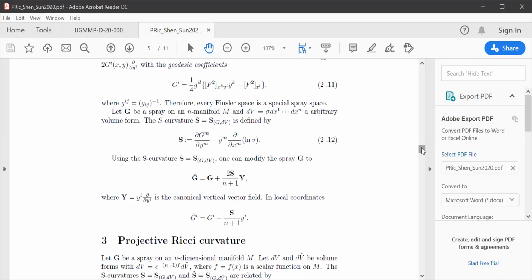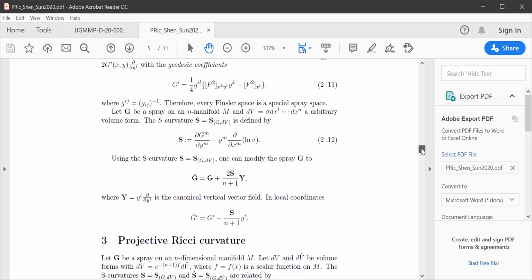You're not going to get it different. That's a good part of that. Using the volume form and the spray, you can define the Ricci curvature of the modified spray G hat, and that we call the projective Ricci curvature. The reason is it's projectively invariant when you change the spray projectively with the volume form fixed.